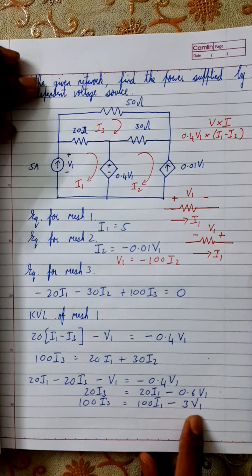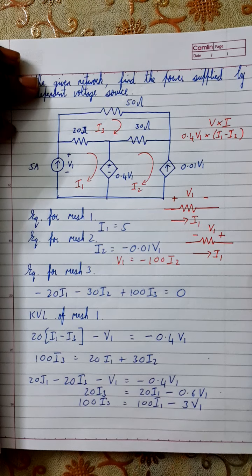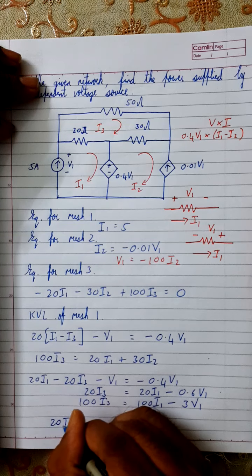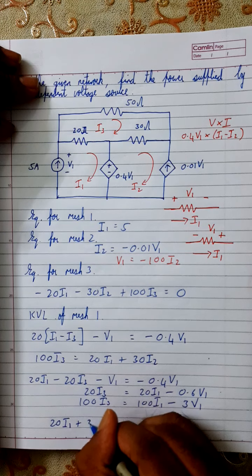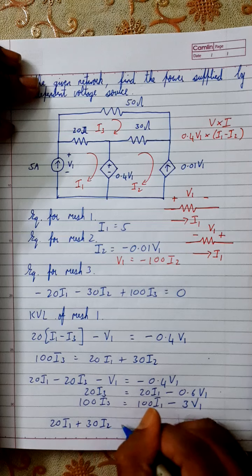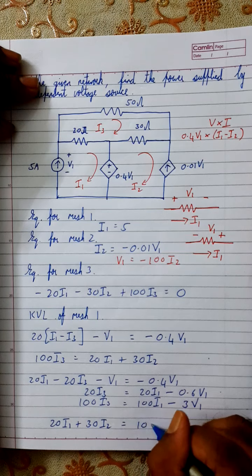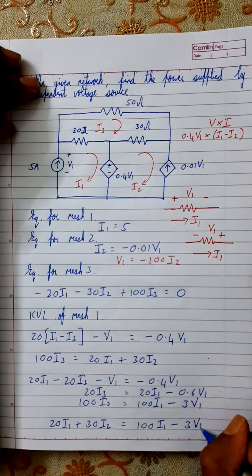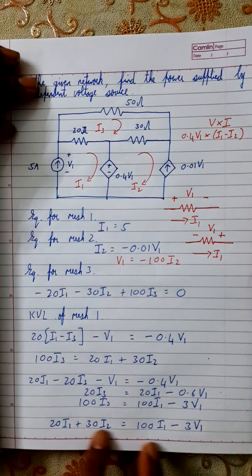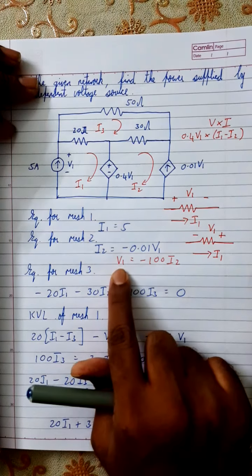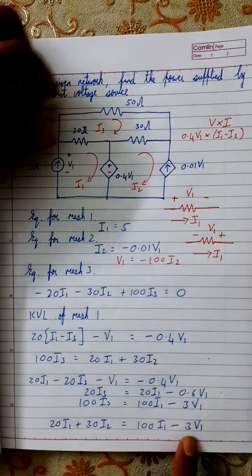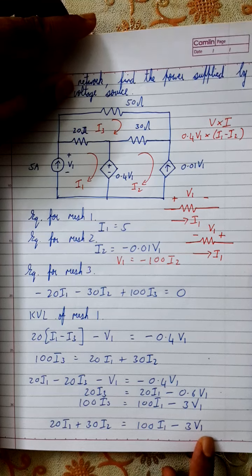So what does it mean? It means that these two are equal to each other. Or in other words, 20 I1 plus 30 I2 is equal to 100 I1 minus 3 V1. Okay, this is what it means. But I already know that V1 is equal to minus 100 I2, so I'm going to substitute this V1 with minus 100 I2.